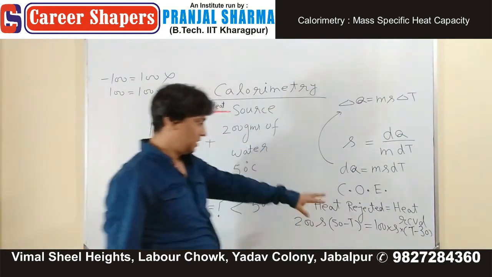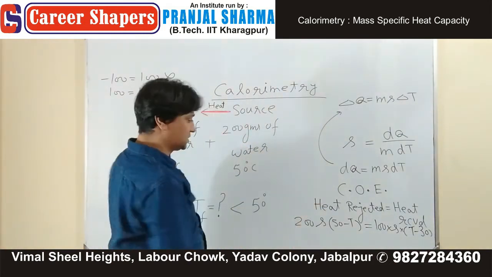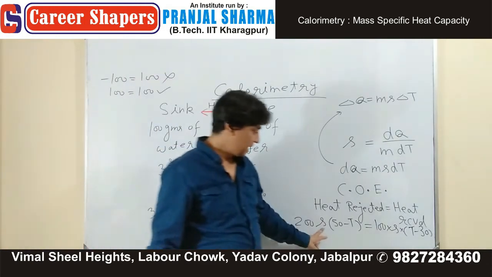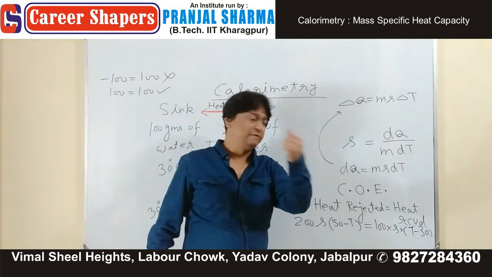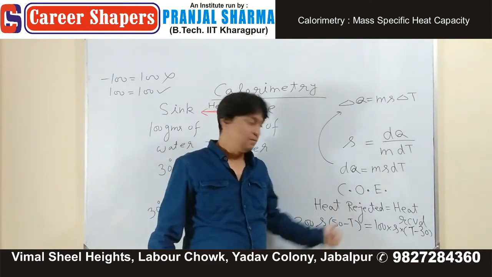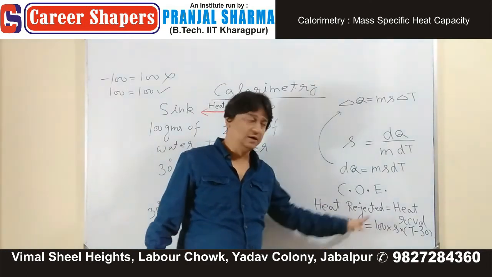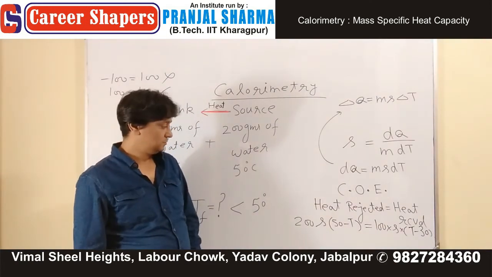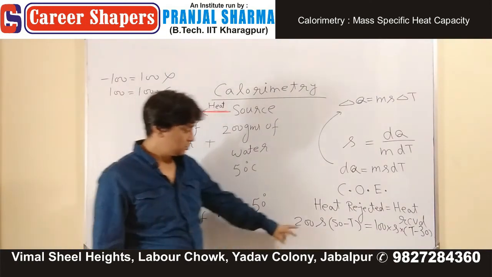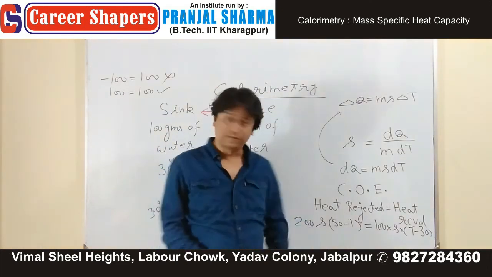I hope this part is clear, and then once this is clear, everything is quite easy. S and S cancelled. You don't even need to know the value of specific heat, because you can see that it's getting cancelled. If it is getting cancelled, then what is the final answer? 200 into 50.